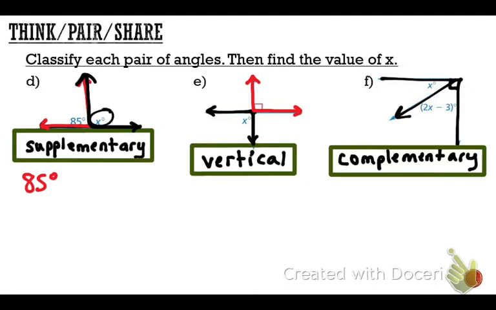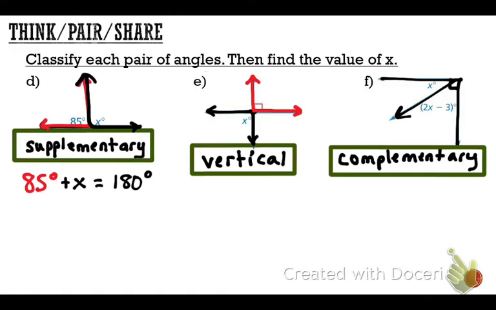What's it say? What's it named? I just circled it. X. Okay, so we know 85 plus x equals how many degrees is every supplementary angle? 180. All right, I want you and your partner to answer that together and stand once you know the x answer.